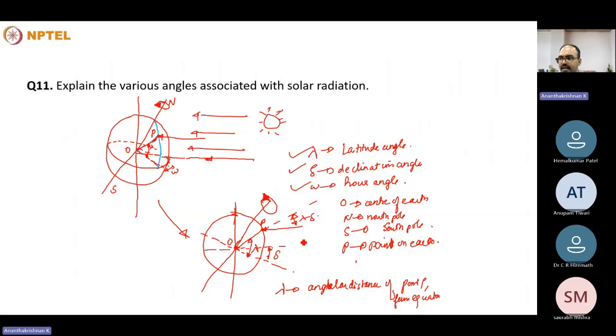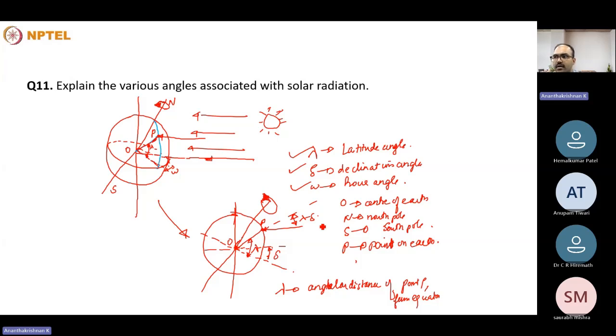Delta is defined as the declination angle, the relative angle to the equator. This declination angle is actually calculated with respect to the equatorial plane, so it's not that straightforward.